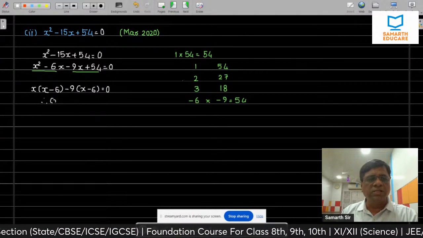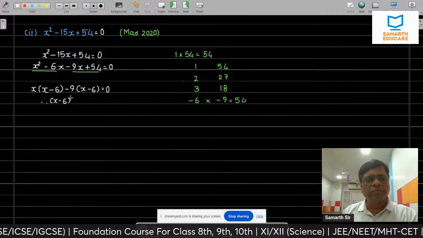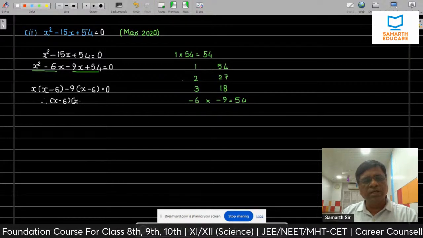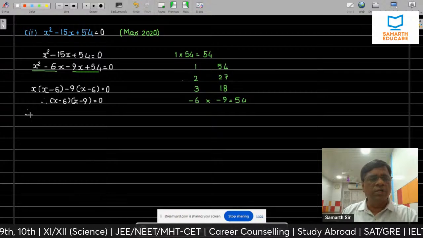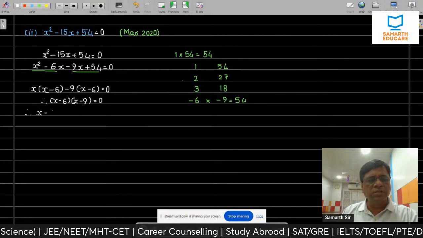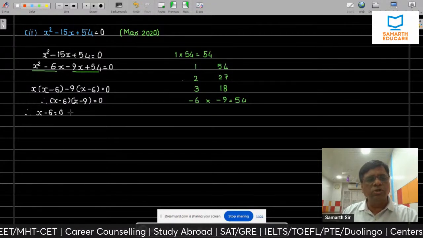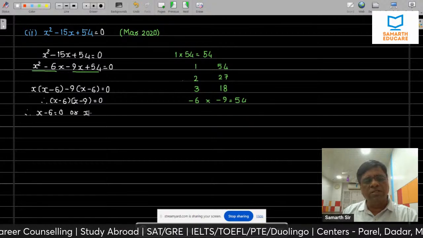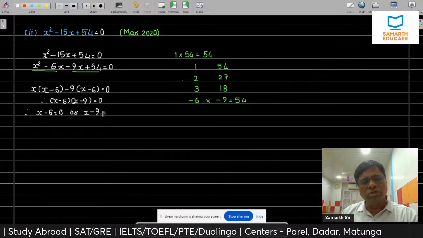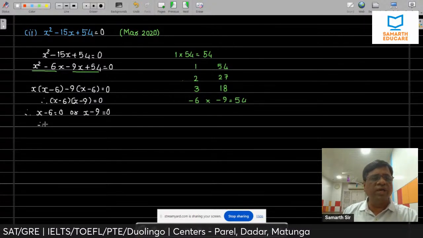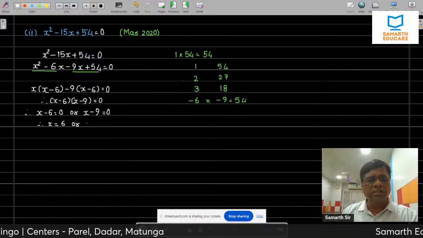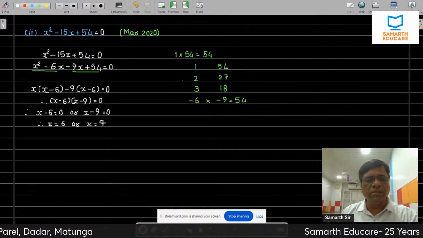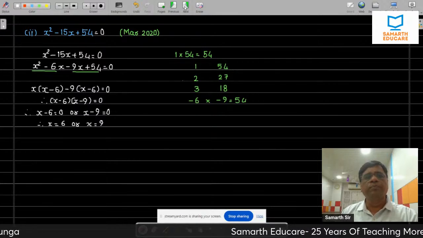That means x minus 6 into x minus 9 is equal to 0. That means x minus 6 is equal to 0 or x minus 9 is equal to 0. That means the two values of x are x is equal to 6 or x is equal to 9. These are the two values.